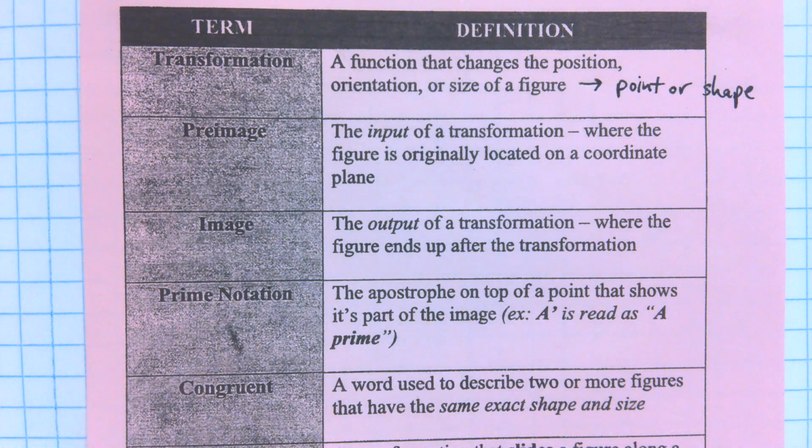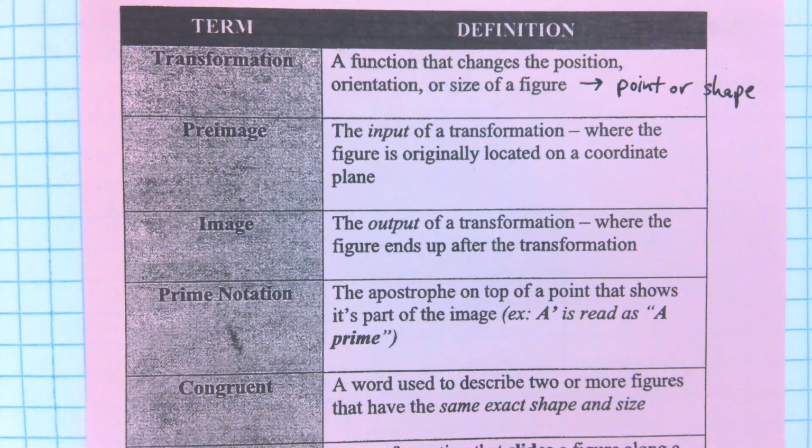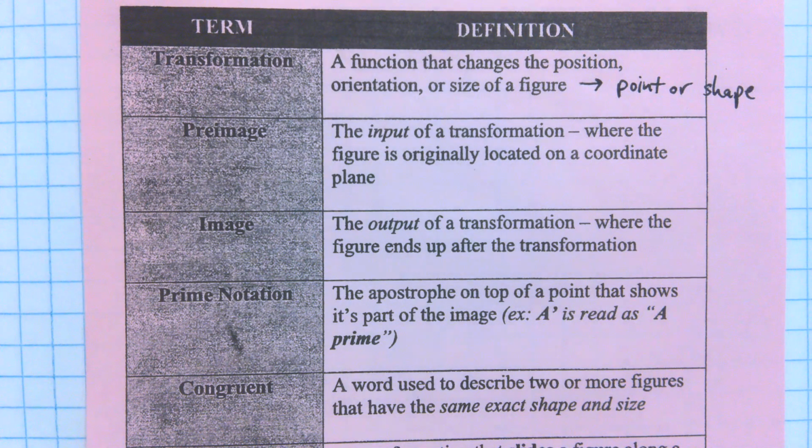The second term on here is a pre-image. Can I have someone read the definition, Ida, of pre-image for me? Go ahead. All right. The input of a transformation, we talked about functions, right? There's an input and an output. A pre-image is the input of a transformation, where the figure is originally located on a coordinate plane.